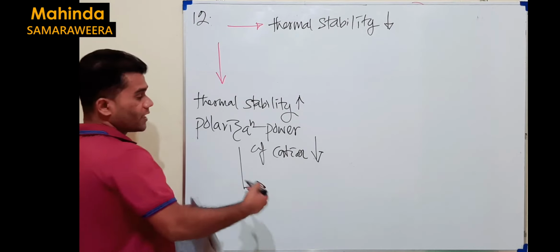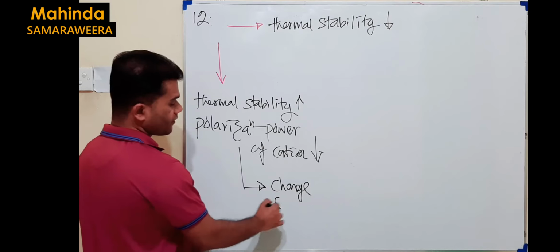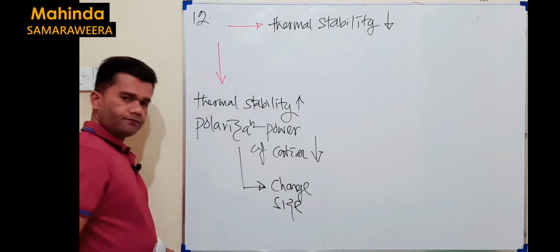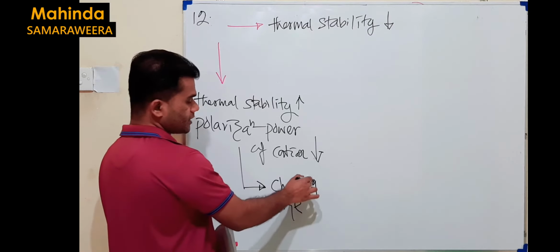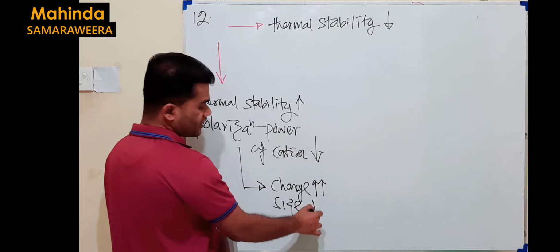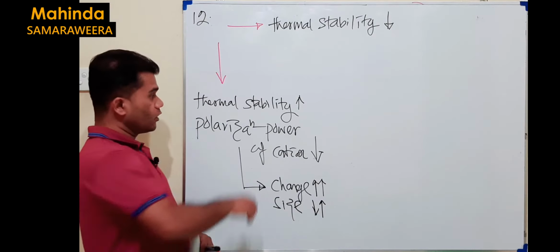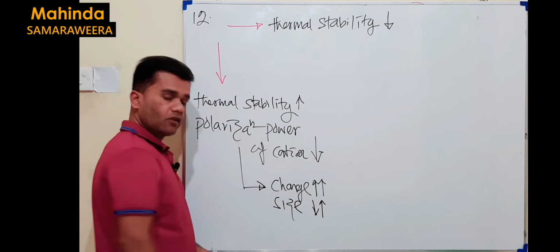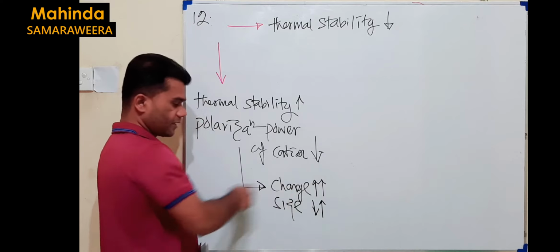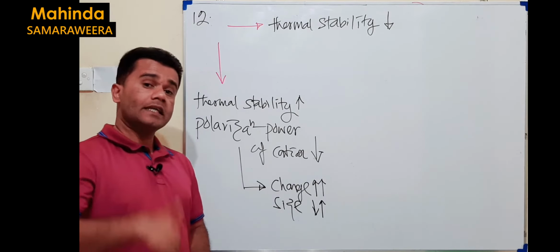Because polarization power of cation depends on the charge and the size of the cation. When the charge increases, polarization power of cation increases. When the size decreases, polarization power of cation increases. When you go down the group, charge remains constant. It's not the predominant factor. But what happened to size? When going down the group, size increases.